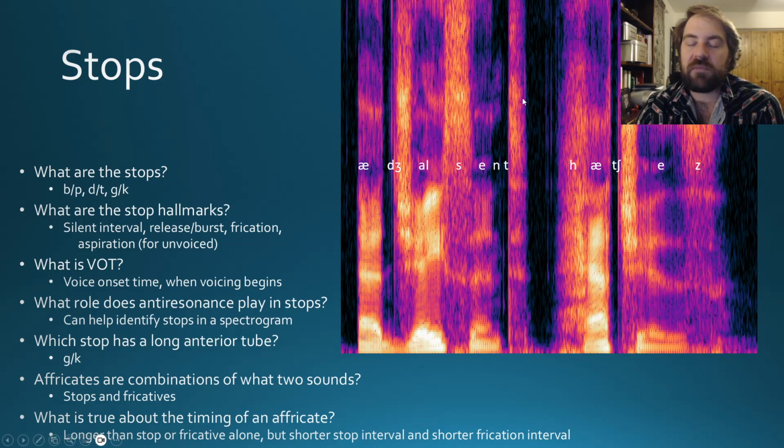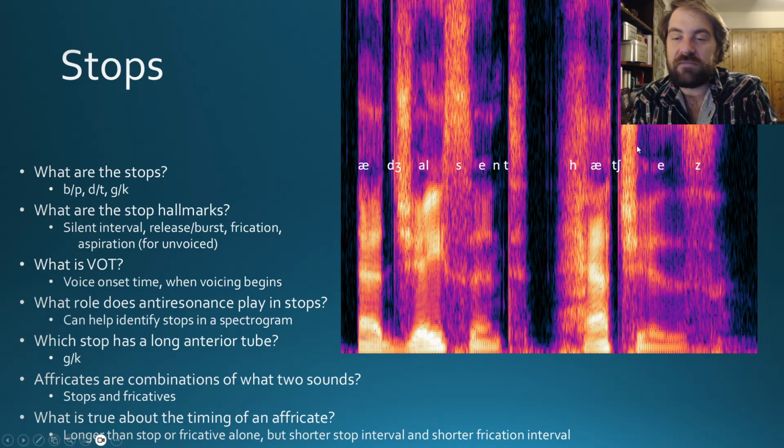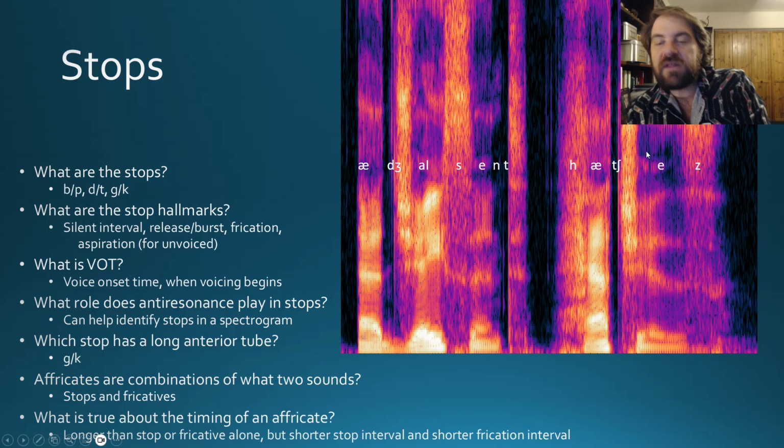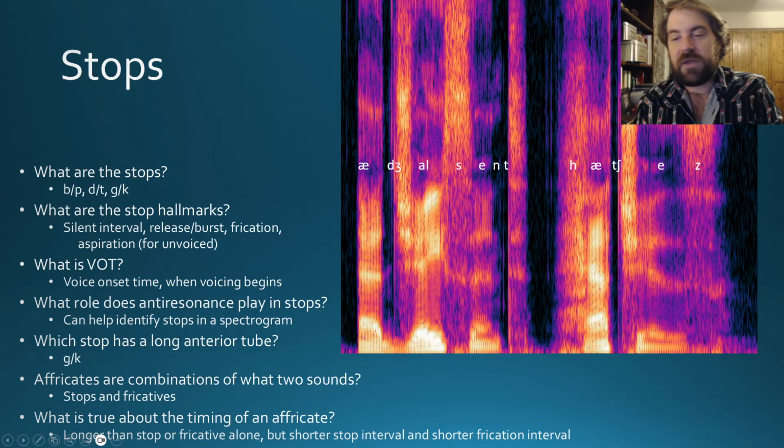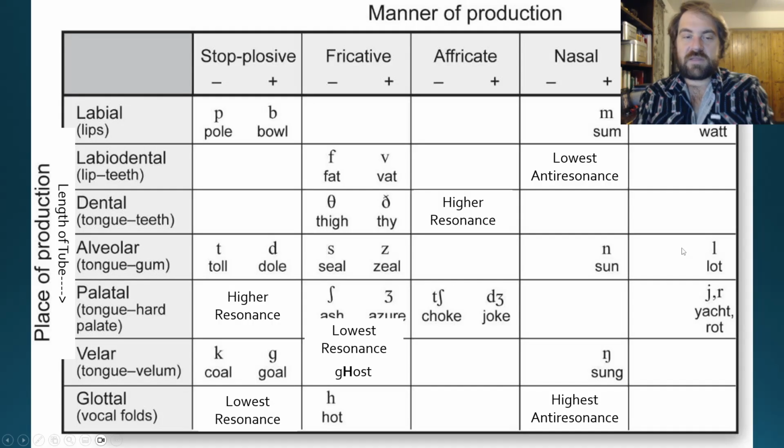The energy's in the same place as this little bit of information for the T. And then this goes right into the sh, which is a lot easier to see here. The sh has energy a little bit lower than the S. The S is all the way up. The SH is a little bit more towards the middle region. Yeah, okay, that's adjacent hatches.